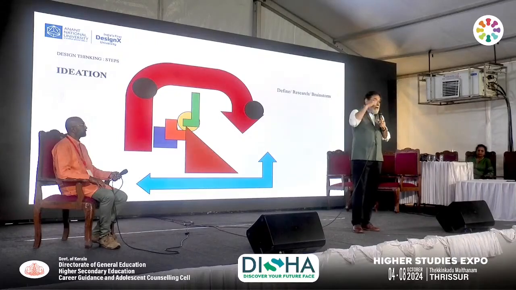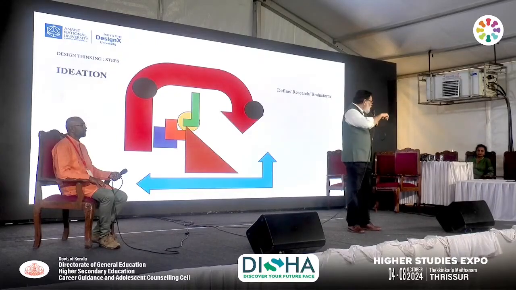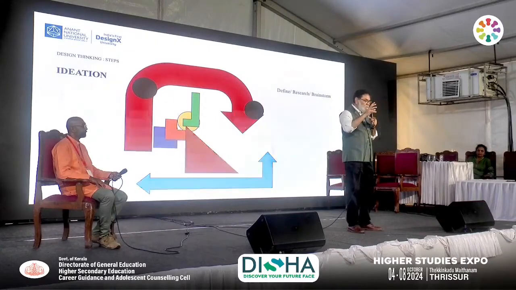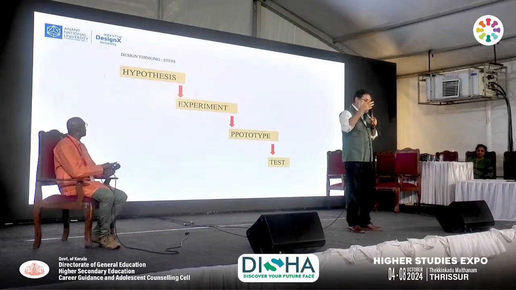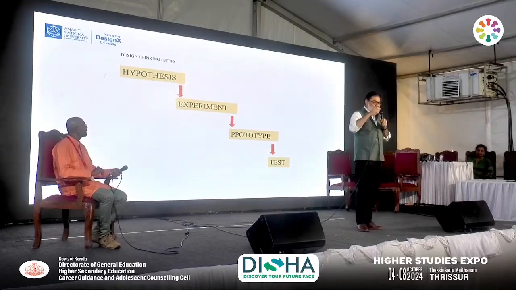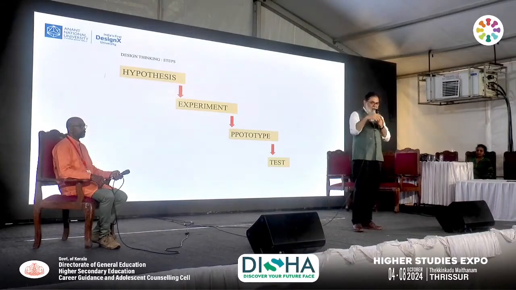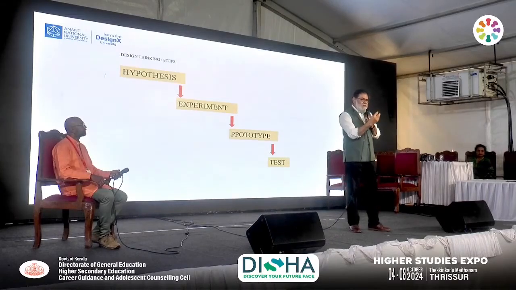So you are ideating and then you come up with a solution, a hypothesis. You know what a hypothesis is? There must be many science students. So a hypothesis is a working theory. It's not a theory as yet.